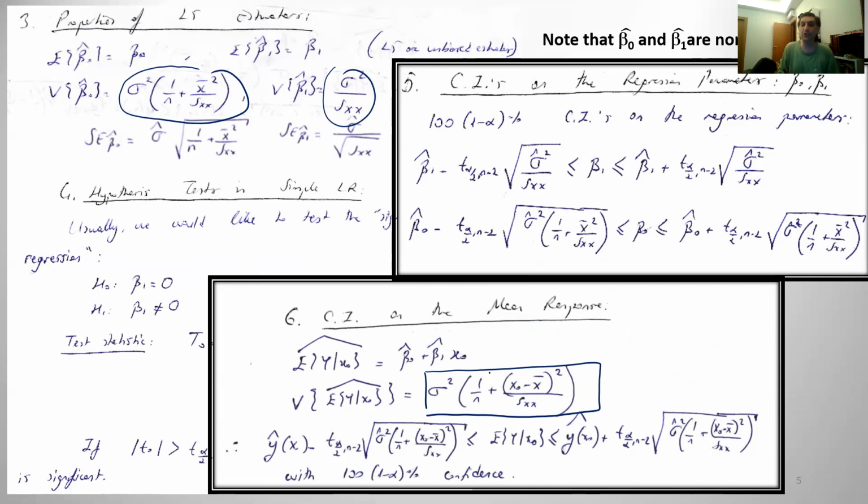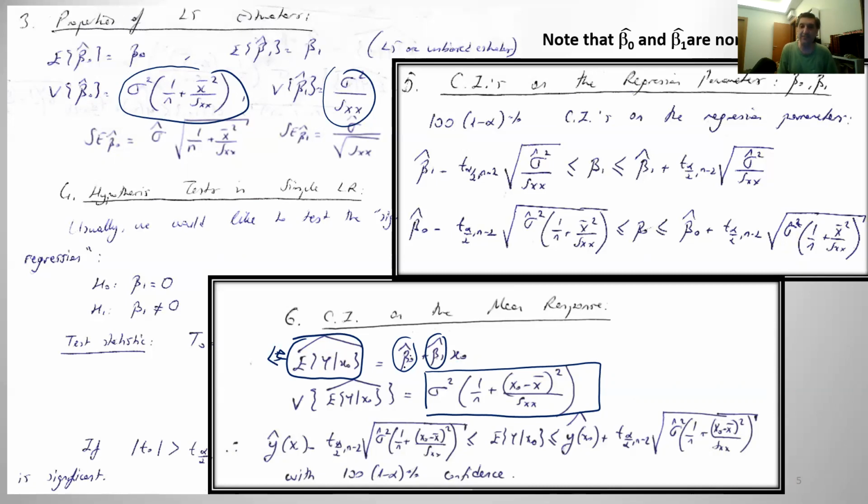And the very same logic applies here, since this statistic is a linear combination of two normally distributed statistics. Note that beta 0 and beta 1 are both normally distributed random variables, right? Therefore, this is going to be also normally distributed.